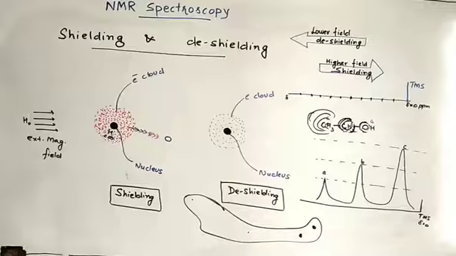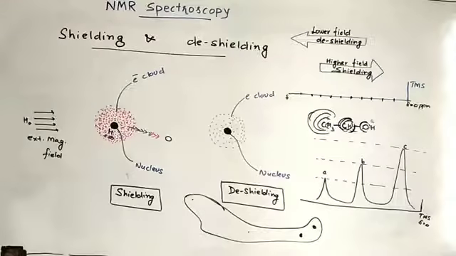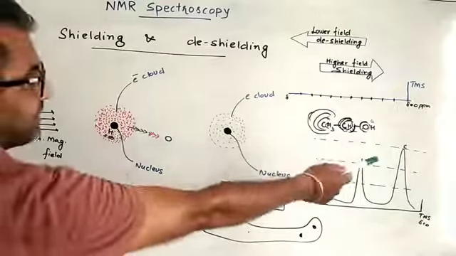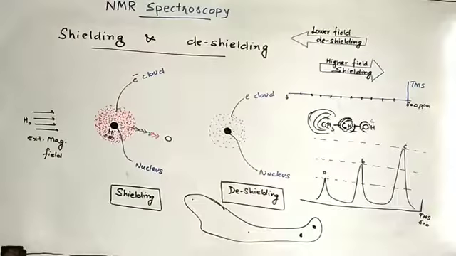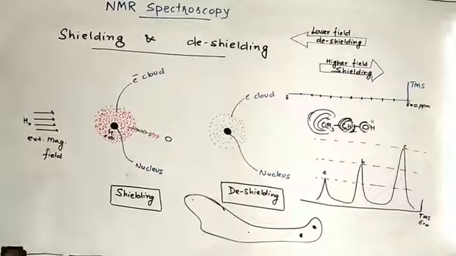If there is more electron density, that proton gets shielded. That proton will not come into resonance until a high magnetic field is applied. That's why the protons C, you can see, appear toward TMS, meaning upfield. And proton A, where the electron density is less, appears far away from TMS, which is called deshielded.